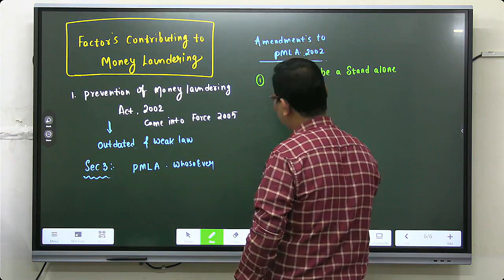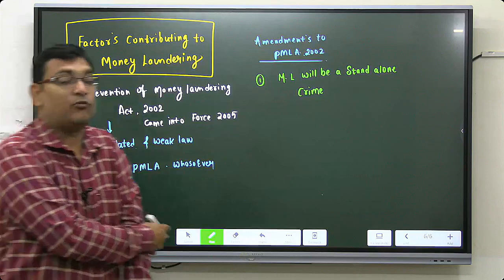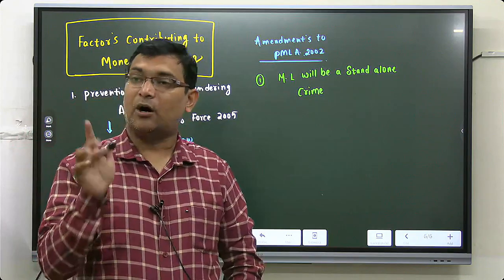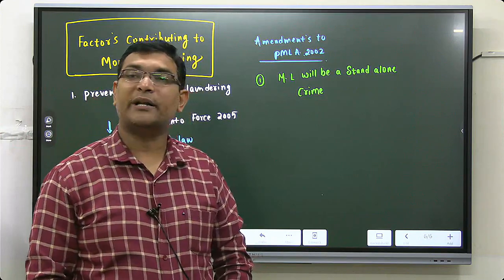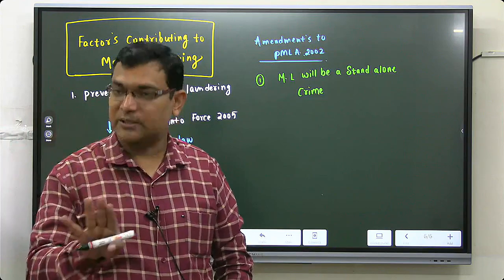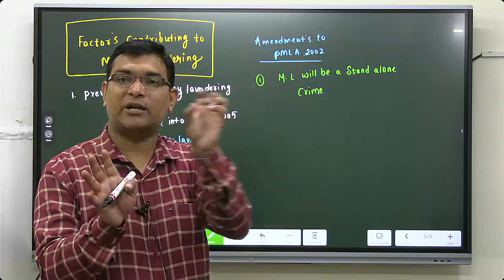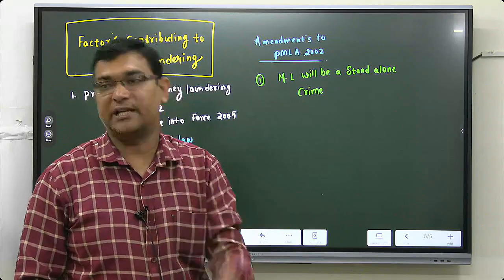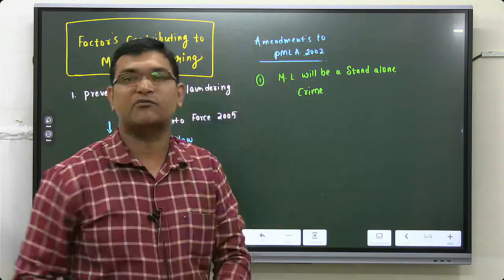Previously, money laundering was attached to whatever crime was done. Money laundering was not investigated as an individual crime. Only if you did some crime and were attached to it would money laundering cases be investigated, based on that crime.